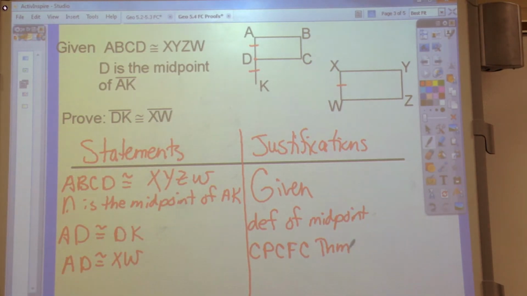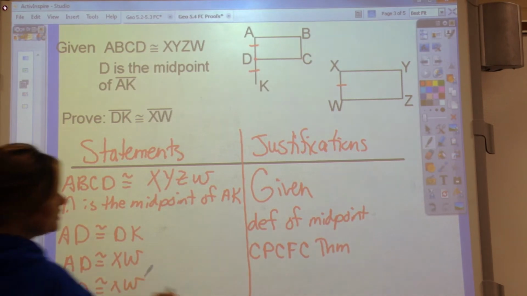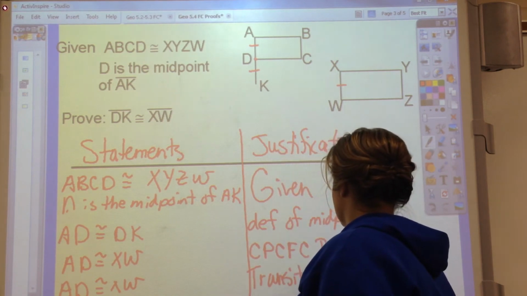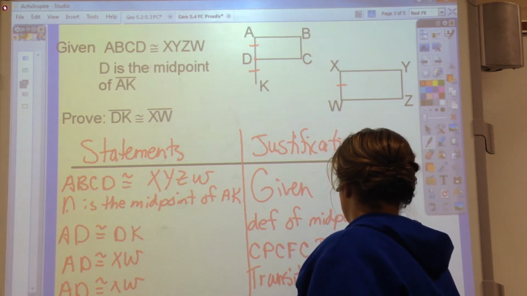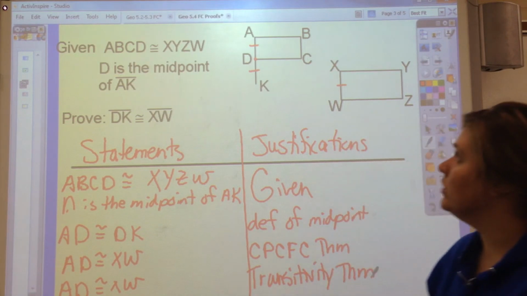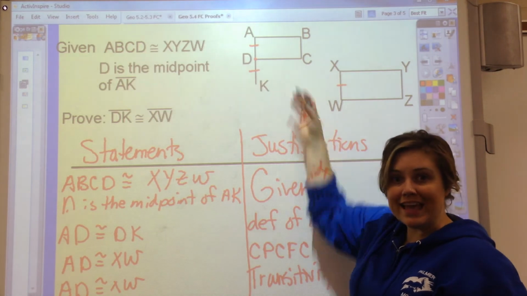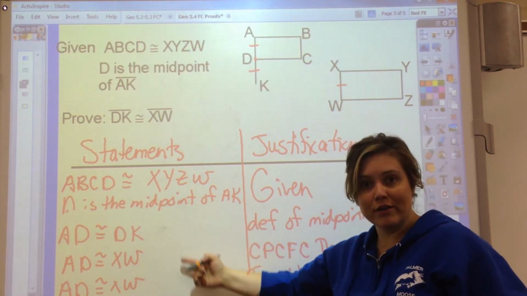And now look what I can do. I totally have transitivity at this point, don't I? Now I can say AD is congruent to XW because of the transitivity theorem. Now so far we've only written our segments as the length. Notice that there's no line over the top.